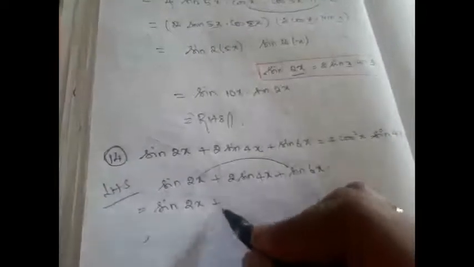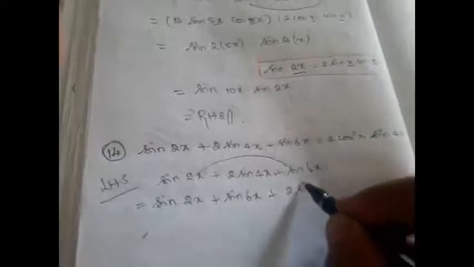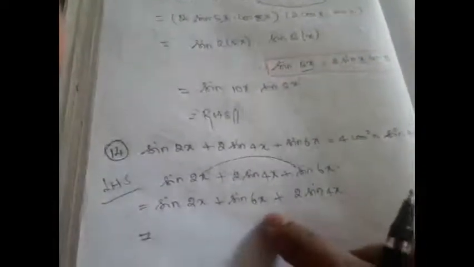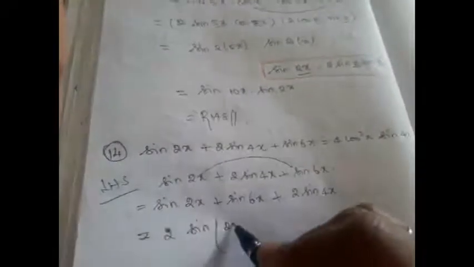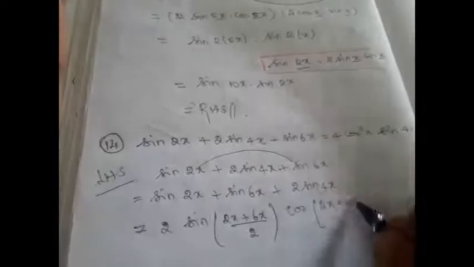So this will become sin 2x plus sin 6x, then only we can apply the identity, plus 2 sin 4x. Now sin plus sin, which means the first identity, can be written as 2 into sin of a plus b by 2, so 2x plus 6x divided by 2, into cos of a minus b by 2.